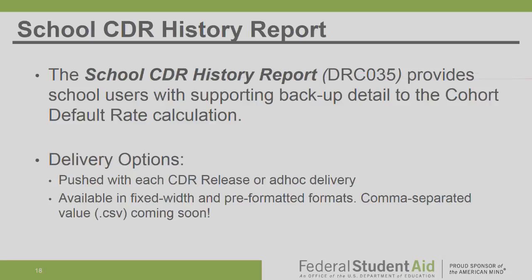So we talk about the CDR, the loan record detail, or the CDR history report as a default prevention tool. But if a borrower's made it onto your CDR in the numerator, it's almost too late for you to take much action other than to figure out, did something go wrong? Meaning, should the borrower have entered repayment sooner than they should have? Things like that. If a borrower's defaulted, the only thing the borrower can do to undefault and come out of your numerator is rehabilitate.